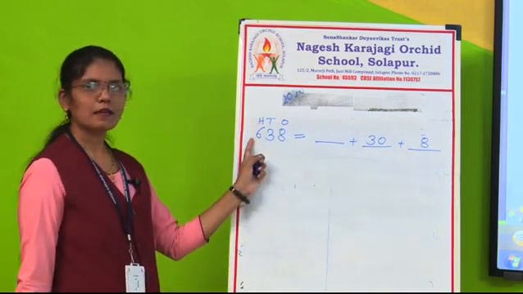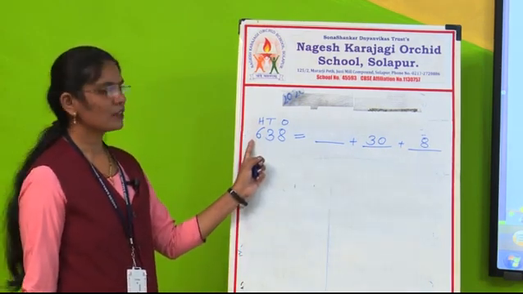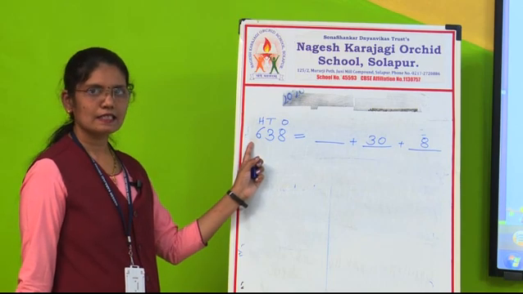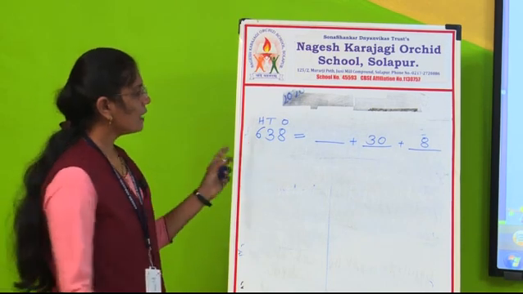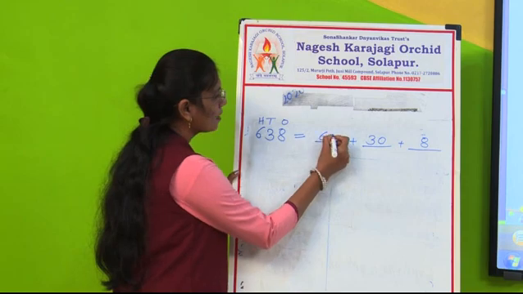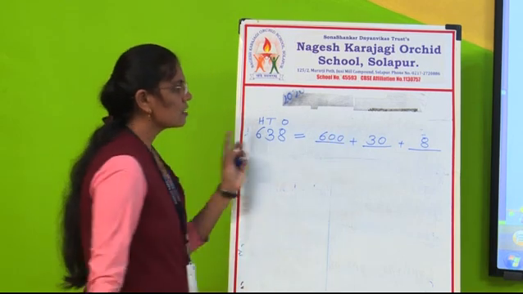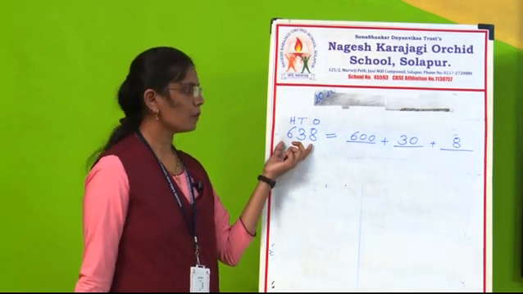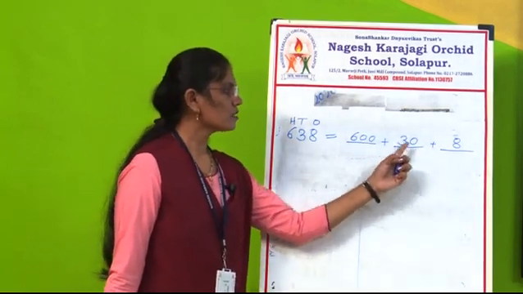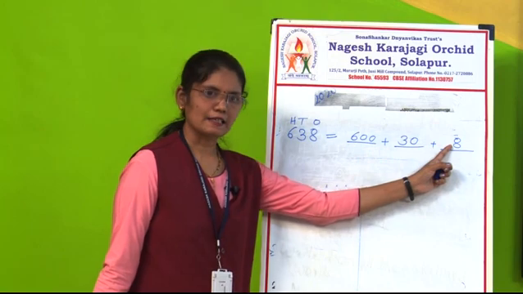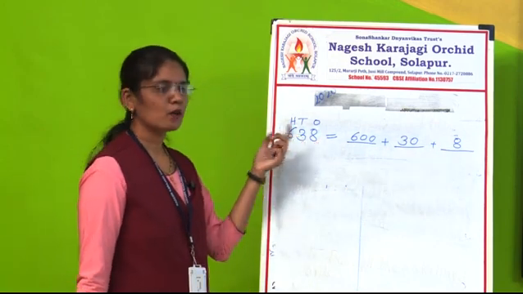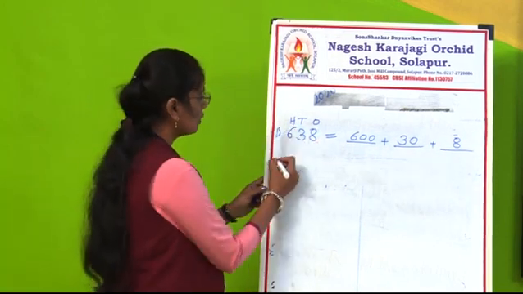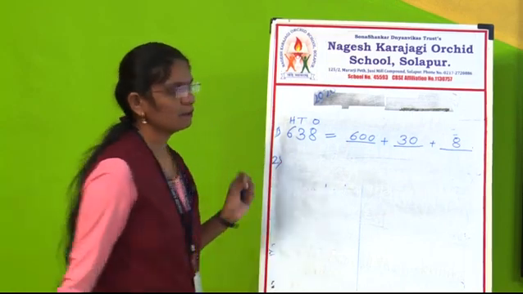And see the hundreds place number. At hundreds place which number is there? 6 is there. Okay. So we will write 600 at hundreds place. So this is the expanded form of the given number. 600 plus 30 plus 8. Okay. Now let us take one more example.